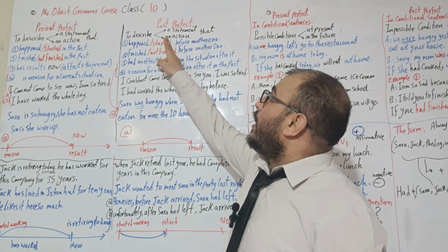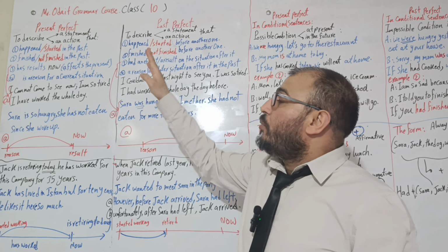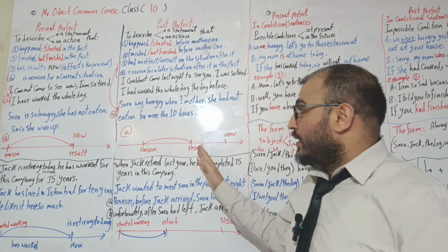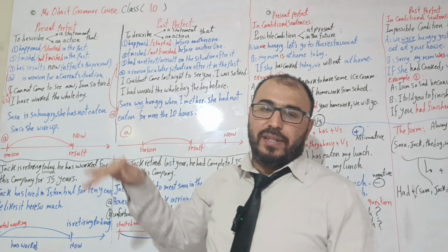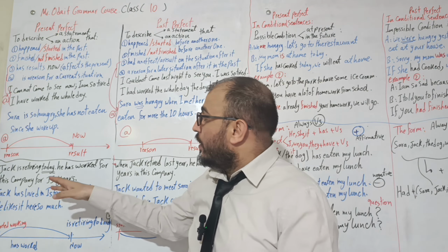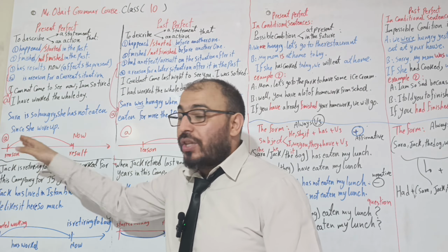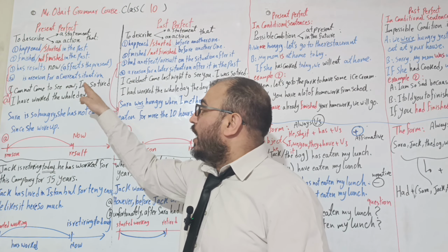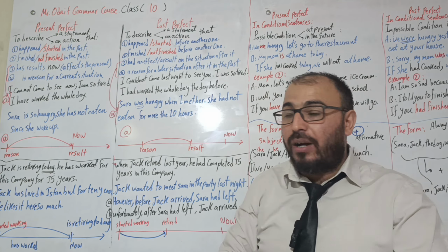While for the past perfect, my friends, we say that the past perfect is the past of the present perfect. In the present perfect, we have an action that happened in the past, and it affects or has results now.